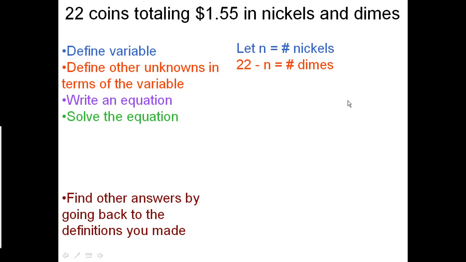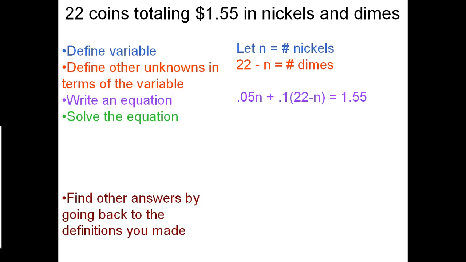Okay, I'm going to write an equation, and let me show you the equation and then explain it to you. It goes like this. The monetary value of a nickel is $0.05. So if I take the value of a nickel times the number of nickels, that gives me the dollar amount in nickels. In other words, let's take another example, different from this problem.